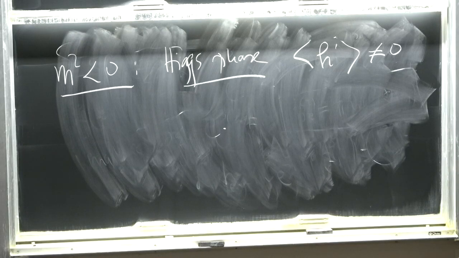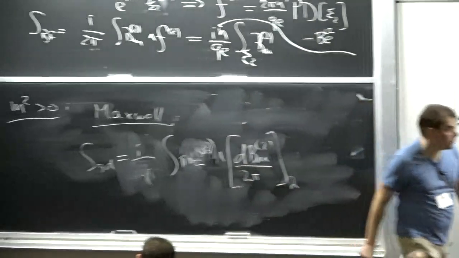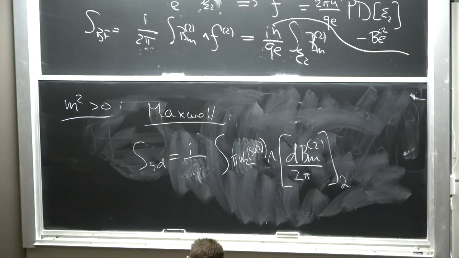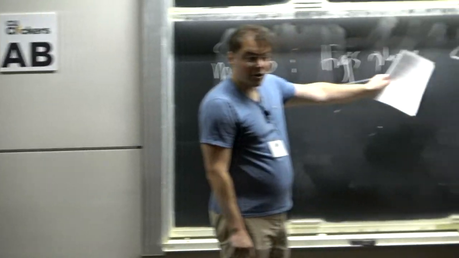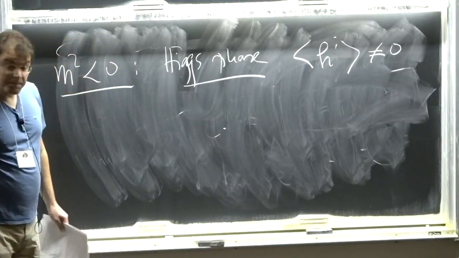Remember that in the abelian Higgs model with charge 1 and no SO3 symmetry, the Higgs phase was completely trivial. It was gapped, trivial, and there was no anomaly. In this model, that's not true. We have a Higgs field of electric charge 1, but the anomaly is still not trivial. And it's easy to see that the low energy theory in this case is not just non-trivial, it's actually gapless.